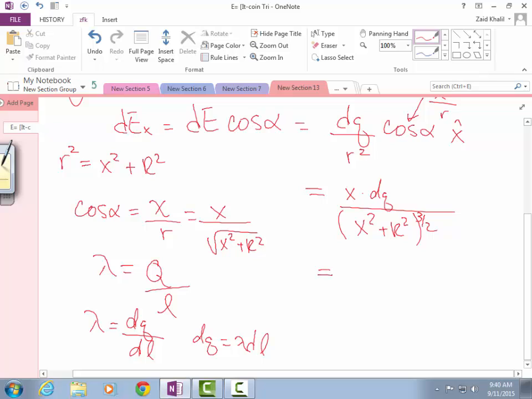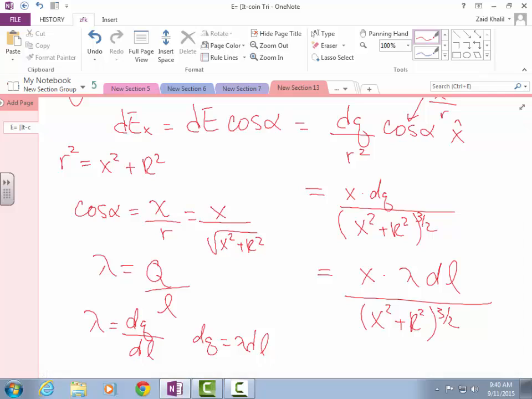So what we end up with is x times lambda dl over x squared plus r squared to the 3/2. And the question is, does dl depend on x or big R?